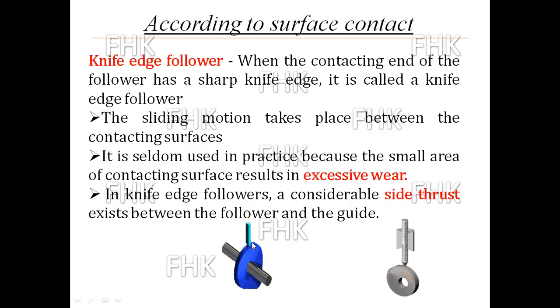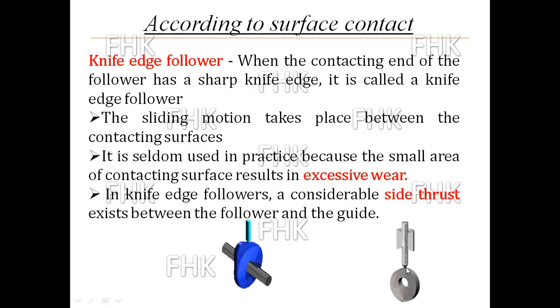Here in this image, you can see the contacting edge between cam and follower, and in this image you can see the contacting point between cam and follower due to the geometry of follower. Both form the higher pair, as here is a line contact and here is a point contact.